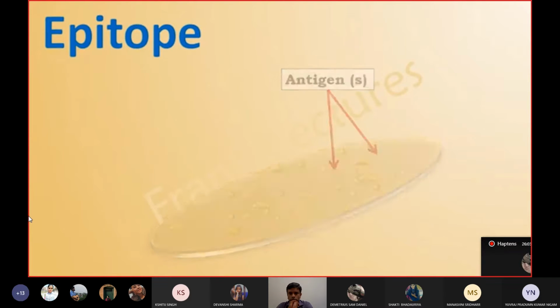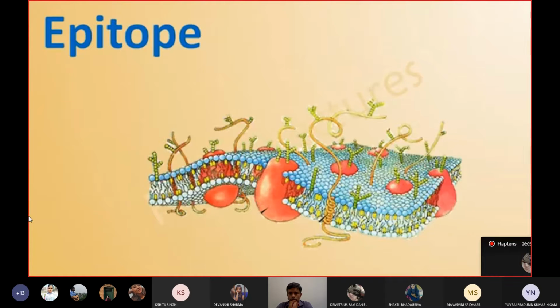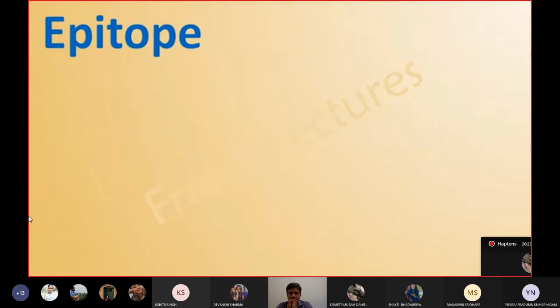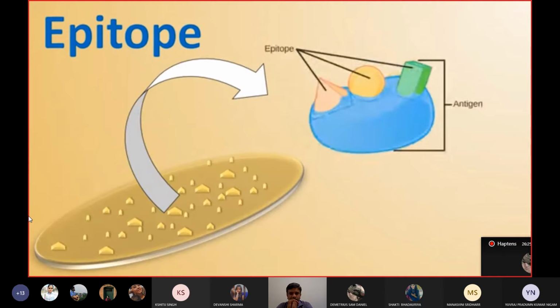If we explore the chemical nature of these antigens, we find that most are large protein molecules, some are polysaccharides and a few are glycoproteins or nucleoproteins. Our immune system recognizes these antigens by recognizing three-dimensional shapes of regions called epitopes.